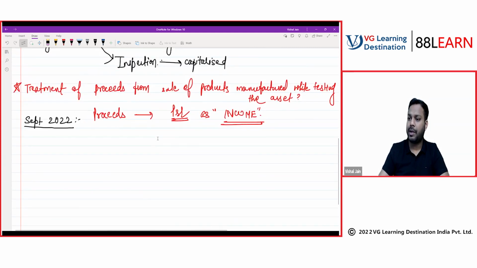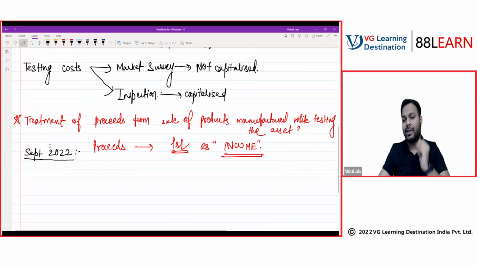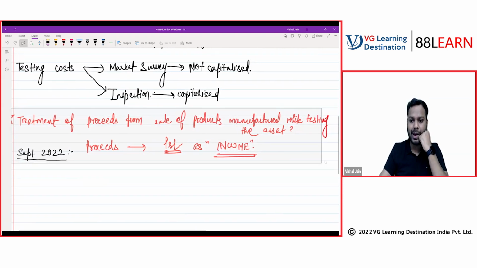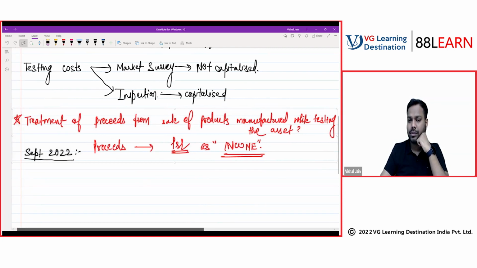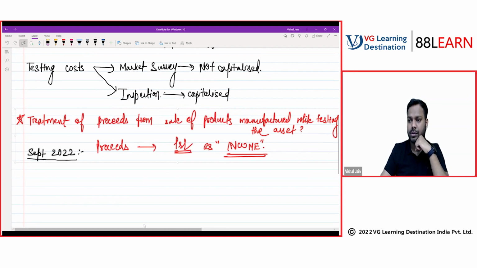Which part you want me to repeat, Safa? Sale of product. Can you please do one thing, Safa? Just read this highlighted line once, please. Done?